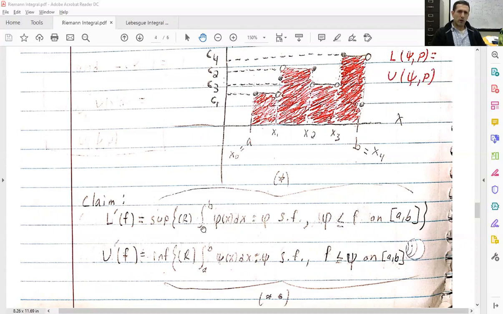We're going to, well, an interval A to B is going to be replaced initially by a measurable set that has finite measure. And f is going to be a measurable function on this measurable set. And we're going to find the lower and the upper Lebesgue integrals in exactly the same way. It's going to be the integral.